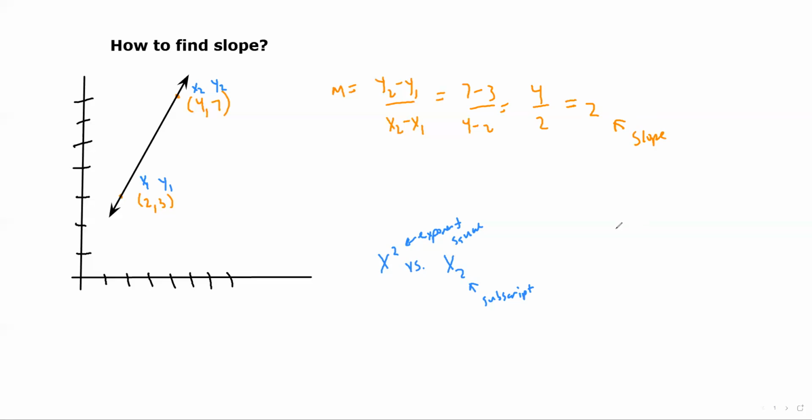Okay. Now, another way to describe the slope is called the rate of change, or the average rate of change. Okay. So think about a car traveling. Maybe the car was traveling 70 miles per hour at a certain time.